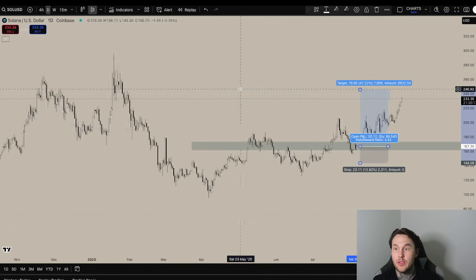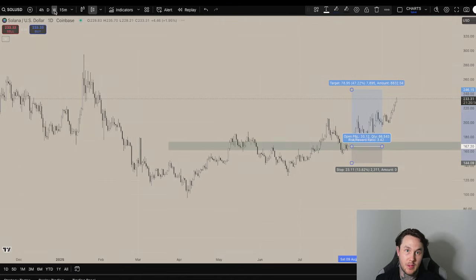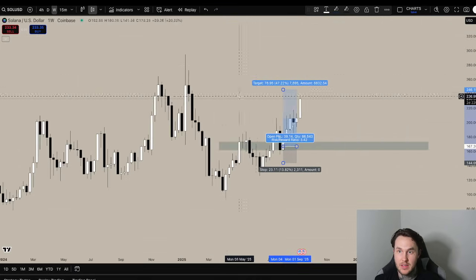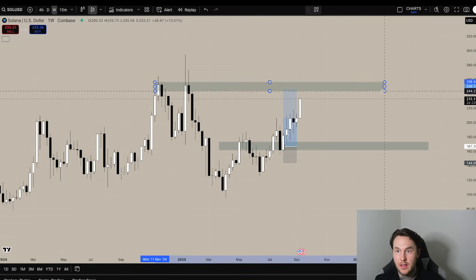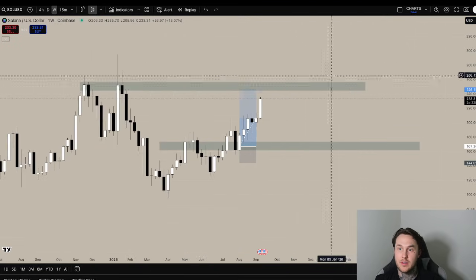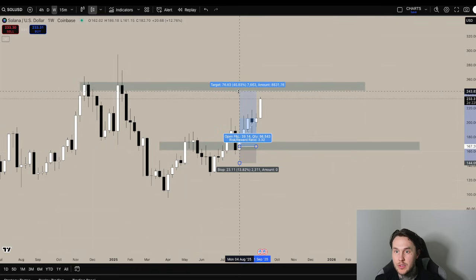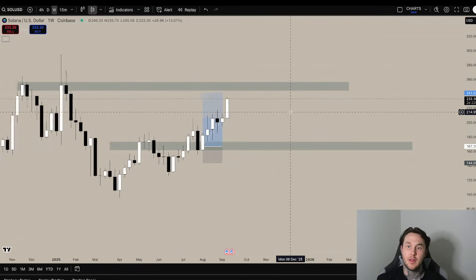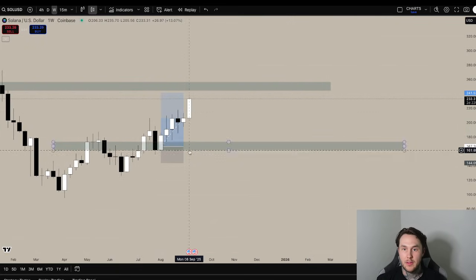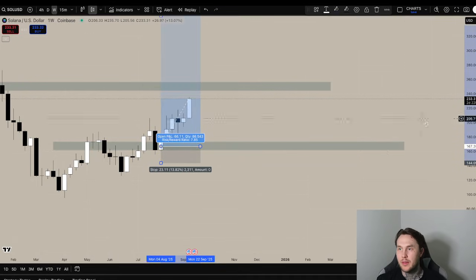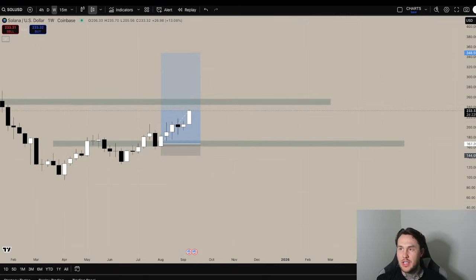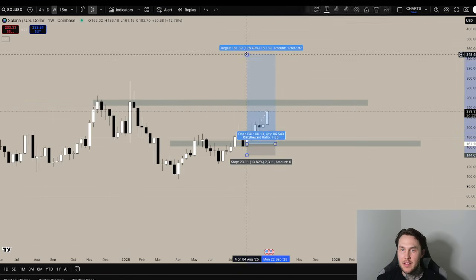Now, when you do have your resistance zone in as well, you use this as a target. Right now, this zone here is resistance, so what I would usually do is place my take profit just before there. Make it easy. Don't put a trade on and then have your targets way up here, which is not unachievable, but make it realistic.